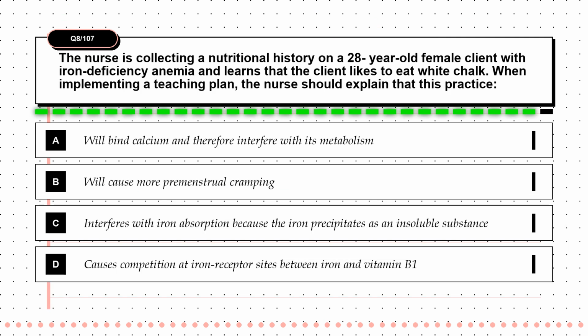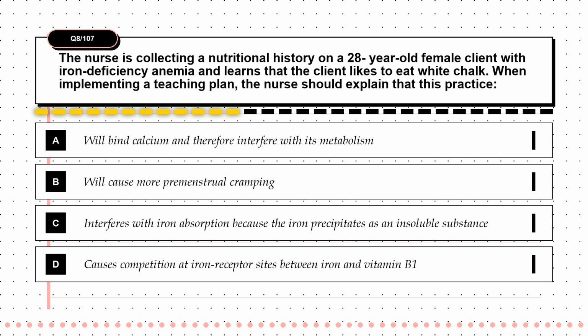Question 8. The nurse is collecting a nutritional history on a 28-year-old female client with iron deficiency anemia and learns that the client likes to eat white chalk. When implementing a teaching plan, the nurse should explain that this practice, here are the options. Option A. Will bind calcium and therefore interfere with its metabolism.